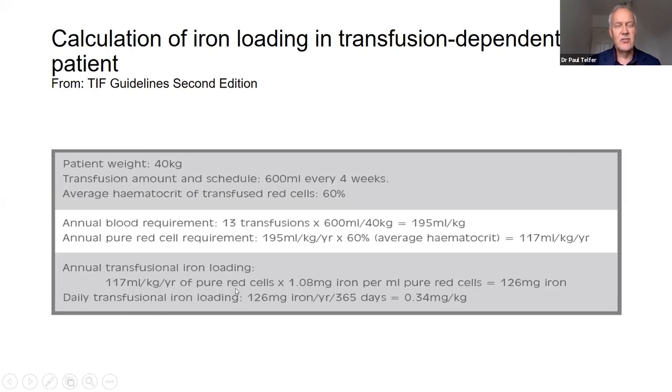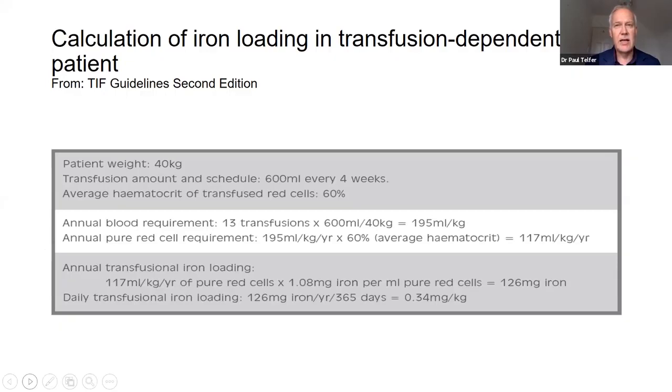And it's just a way of calculating on an annual basis how much iron is given to the patient through the transfusions. And essentially what you do is you record the volume of each transfusion. You have a knowledge of the hematocrit of the blood, so that you know the volume of the pure red cells.